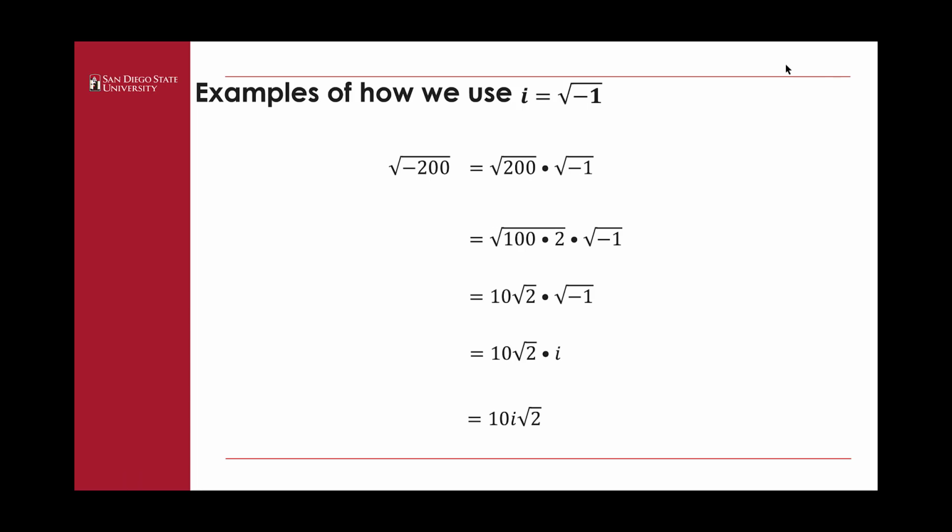And similarly, the square root of -200 would be the square root of 200 times the square root of -1, which will give us the square root of 100 times 2 times the square root of -1, and when we replace the square root of -1 with i, this will give us 10 times the square root of 2 times i.